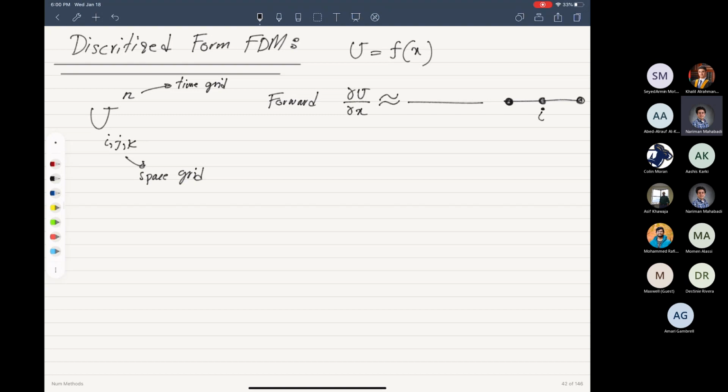I'm standing on the grid i, and I need to use i plus 1 and i minus 1. But this is a forward scheme. So if you are on this point, you need to use the next point. So let's write this: my unknown function at point i plus 1 minus my unknown function at i, divided by delta x. This is a discretized form to find the derivative of your unknown function.